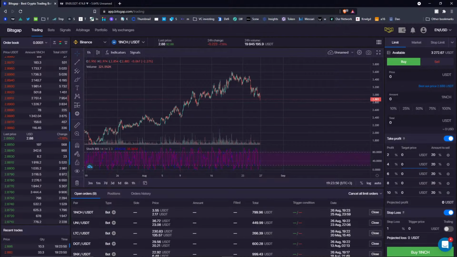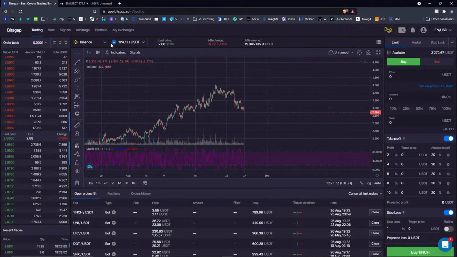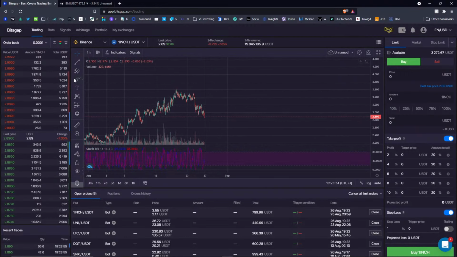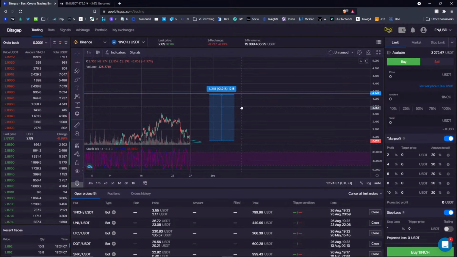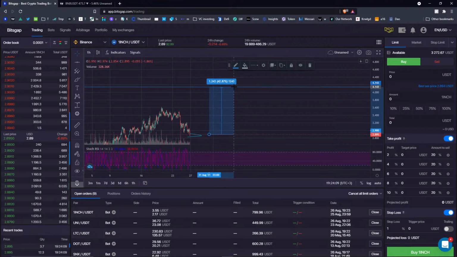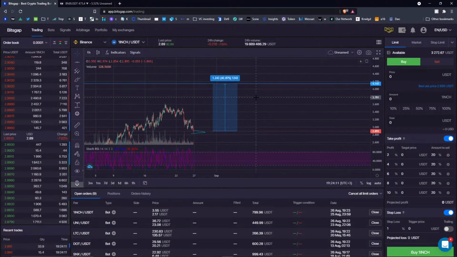you money. Because let's say you buy 1inch right now at the current price of 2.88, and you set only one take profit here at the price of $4. So the price range is around what? 42%. Okay, yeah, 43%.